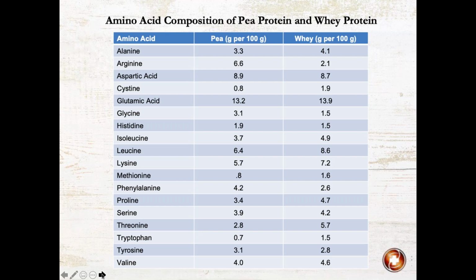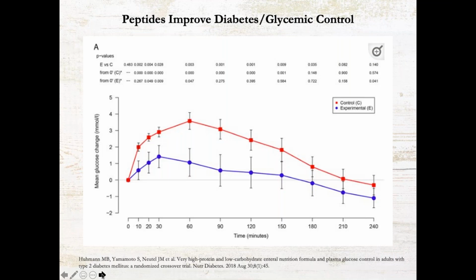So again, just the way these peptides are used by the body is really unique, due to the efficiency with which they can be absorbed. And the story doesn't end simply at gains in lean body mass, increased gastric clearance.